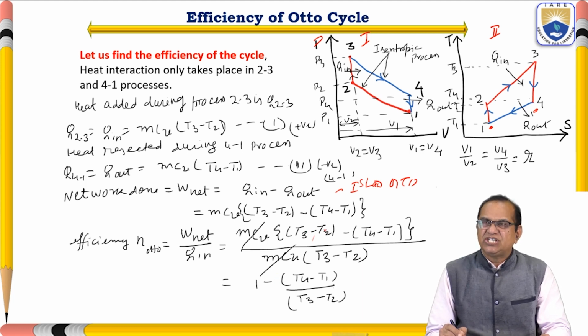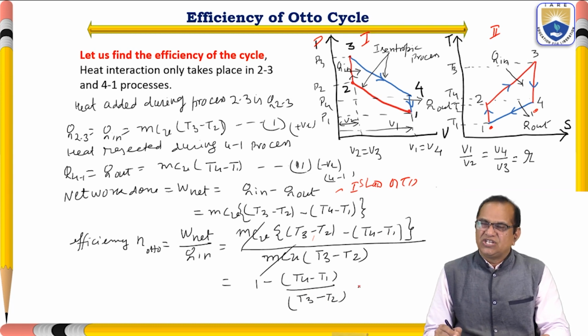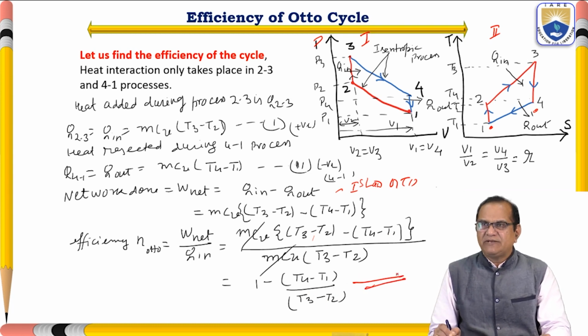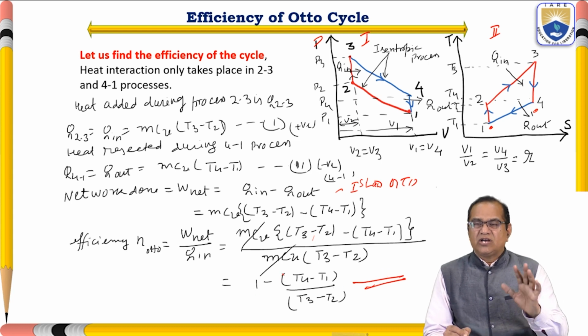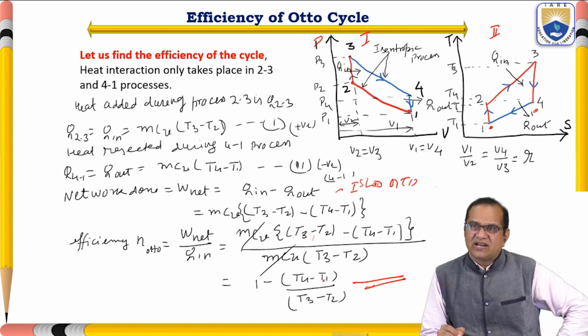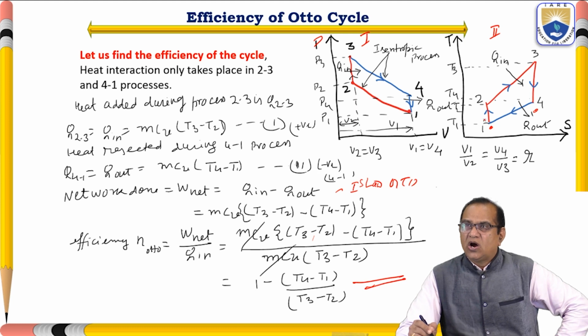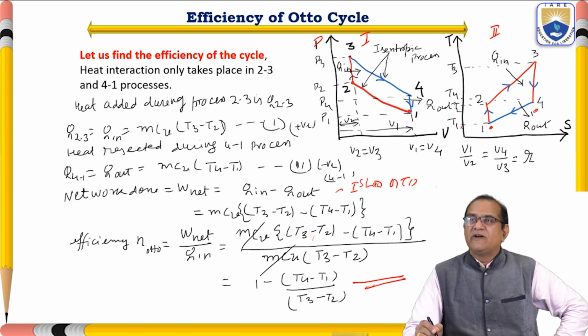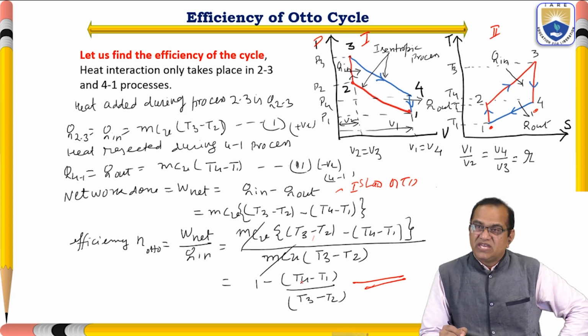Here (T3 minus T2) minus (T4 minus T1) by (T3 minus T2). If you divide it, you will get 1 minus (T4 minus T1) divided by (T3 minus T2). So we got this equation here. We can see that there are all four temperatures, T1, T2, T3, T4. Means we need all four temperatures to find out the efficiency.